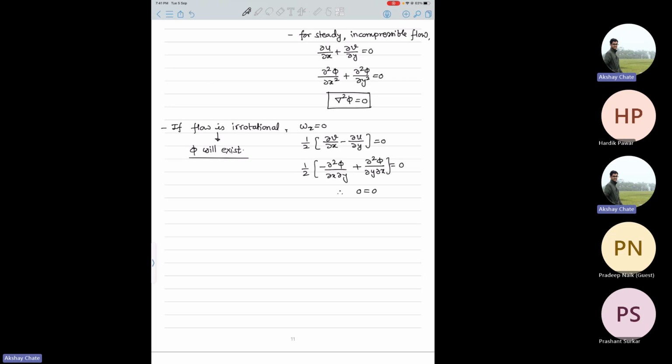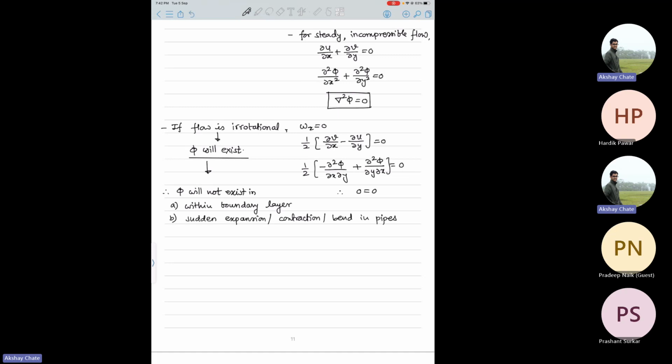Therefore, one important thing: phi will not exist in some of the examples, such as within the boundary layer, because there the viscosity effects are dominant and therefore rotationality is induced, and also in sudden expansion or contraction or bend in pipes.